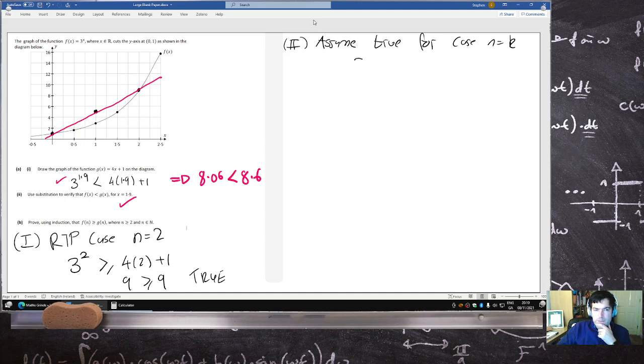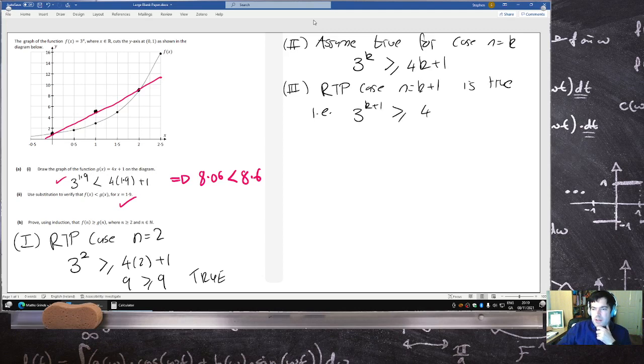That is, 3 power k is more than or equal to 4k plus 1. 3, we're required to prove case n equals k plus 1 is true, i.e. that 3 power k plus 1 is more than or equal to 4(k plus 1) plus 1. So from 2, we have 4k plus 1 is less than or equal to 3 power k.